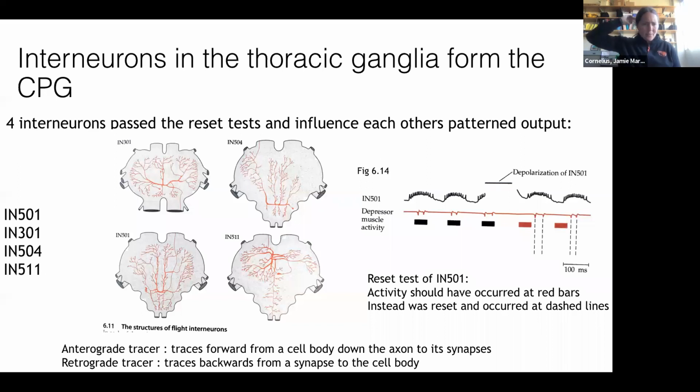And incidentally, when you see these kinds of patterns and pictures, the reason you're able to create something like that is through what are called tracers. I put these at the bottom of the slide here. If you have located a cell body, one thing you can do is inject what's called an anterograde tracer into the cell body.